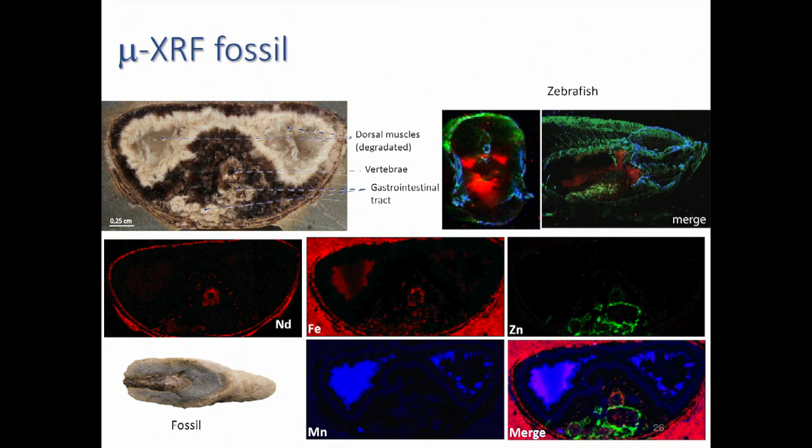So there is a process of transport of elements as the diagenetic process goes on. And we are trying to use this to undo the taphonomic process, to say what the original distribution of elements was. And this can be used for biosignatures, because you have to undo all these types of environmental changes.